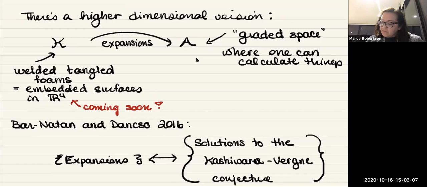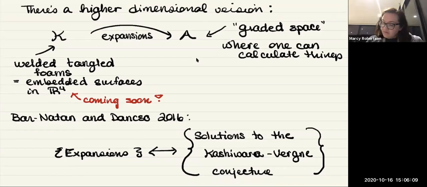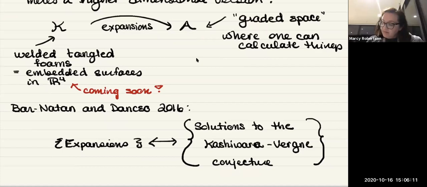Well, in fact, expansions of these objects. Jor and Juji repeat sort of the idea of Jor's paper in 96, that they're in one-to-one correspondence with something called the solutions to the Kashiwara-Vergne conjecture.